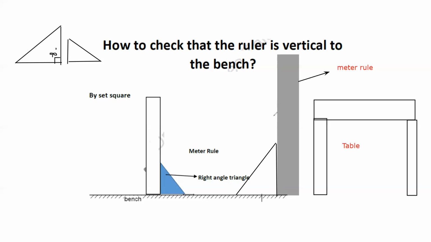But if it is not exactly vertical, there will be a gap between them, and there are some positions where the set square will not come in contact with the scale or ruler. Using this idea, we can make sure that our ruler or scale is exactly vertical. Is it clear? The use of the set square.